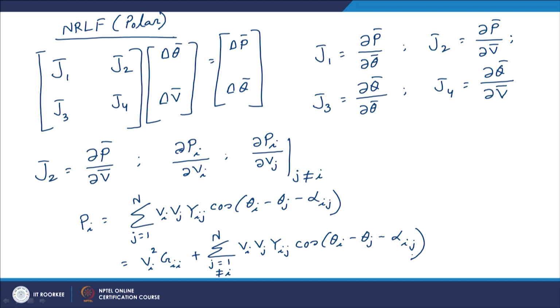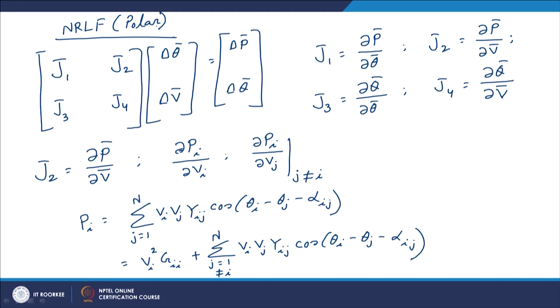Now let us do this, and then we apply these 4 assumptions one by one judiciously. So, let us start with the simpler one: del Pi by del Vj with the condition that j is not equal to i.